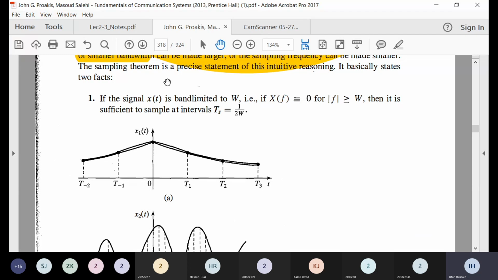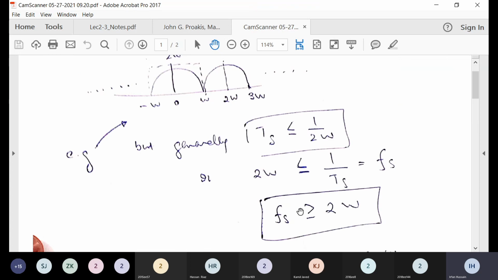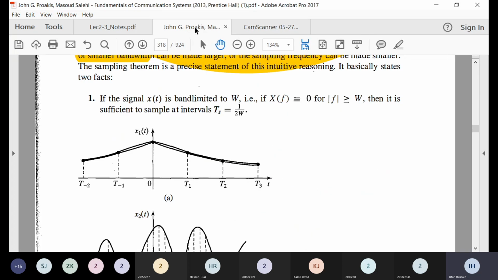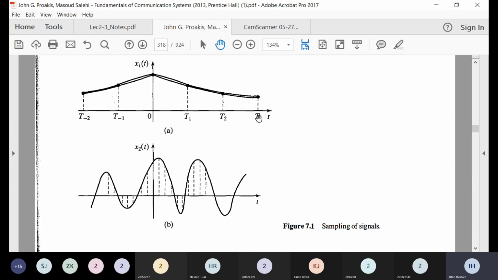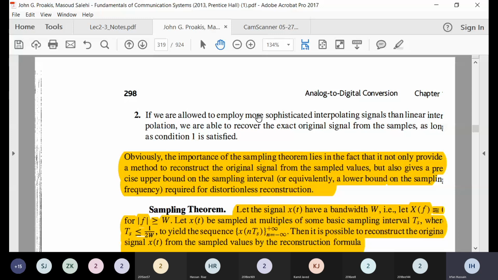It must satisfy this condition: the sampling frequency is greater than or equal to 2 times the bandwidth, or in other words, the sampling time interval is less than or equal to 1 over 2W, where W again is the bandwidth. These two conditions need to be satisfied. Then you can have various interpolation techniques, and they can give you back the signal.